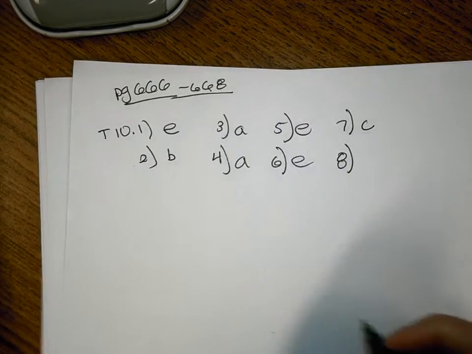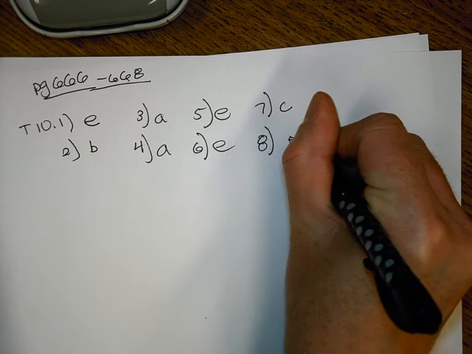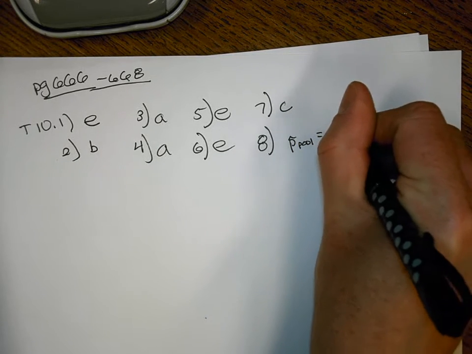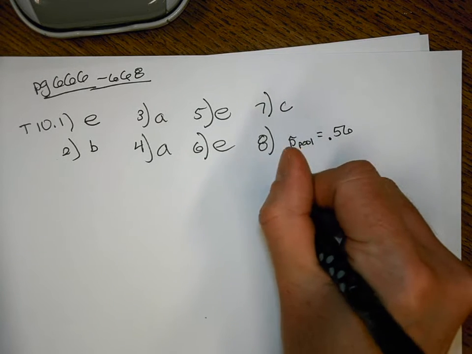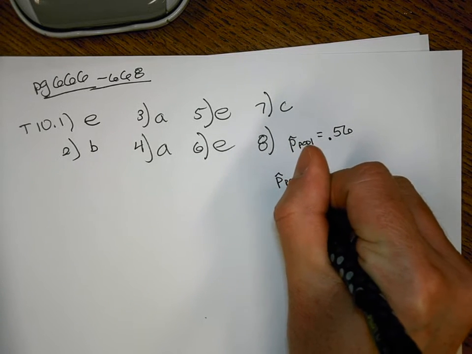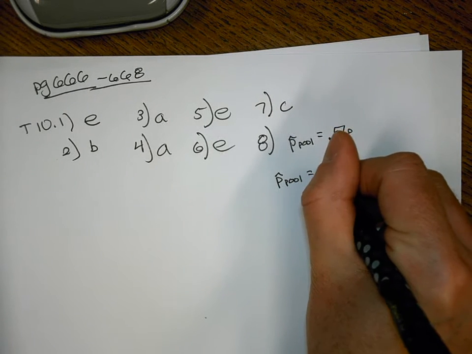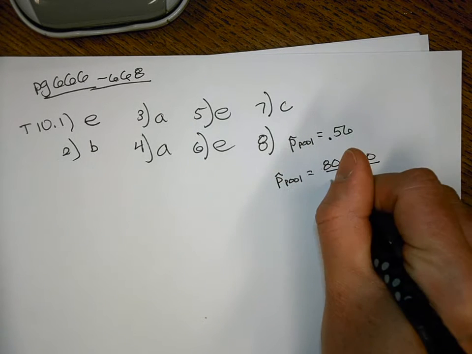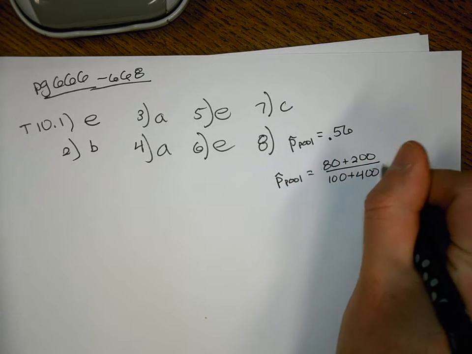For number 8, we've got that p-hat combined or pooled is 0.56. They got that by adding your successes from each group. So it was 80 plus 200 over the combined sample size, 100 plus 400.